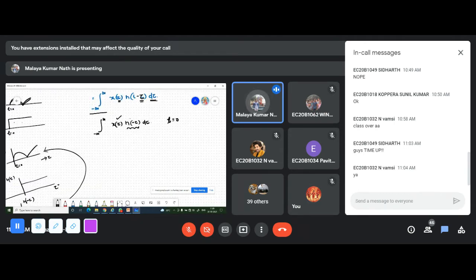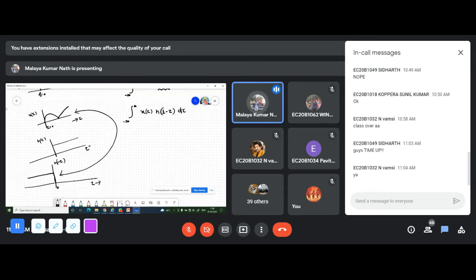Suppose I take t equal to 1. Then how much is this expression? This expression becomes the integral from minus infinity to infinity of x of tau into h of 1 minus tau d tau. Am I right? So what does it mean? It means x of tau is there, and h of 1 minus tau.